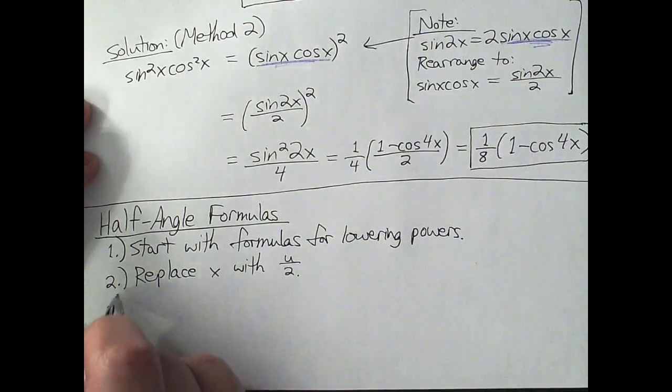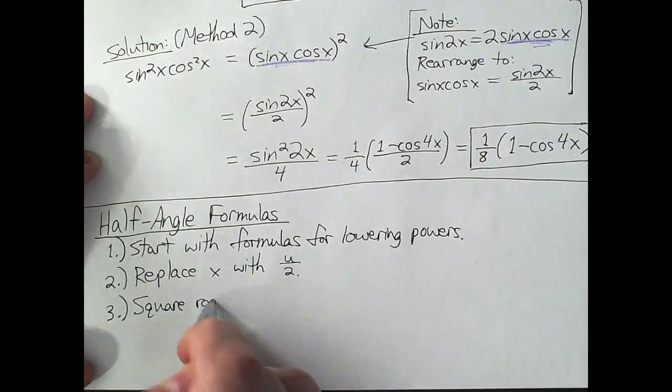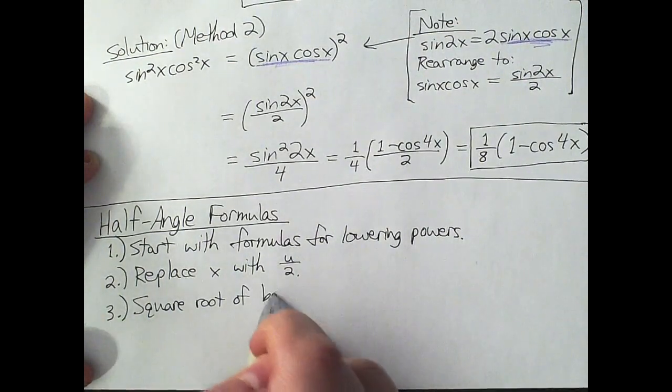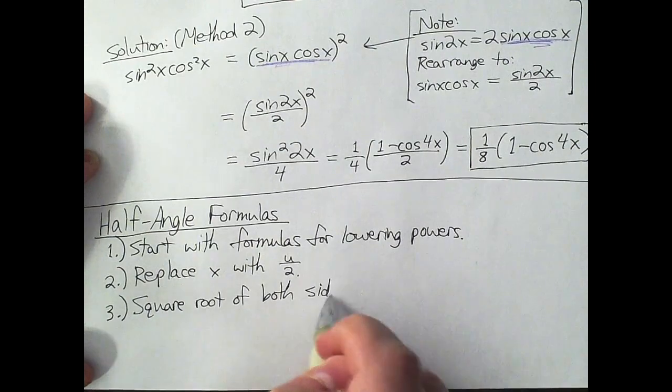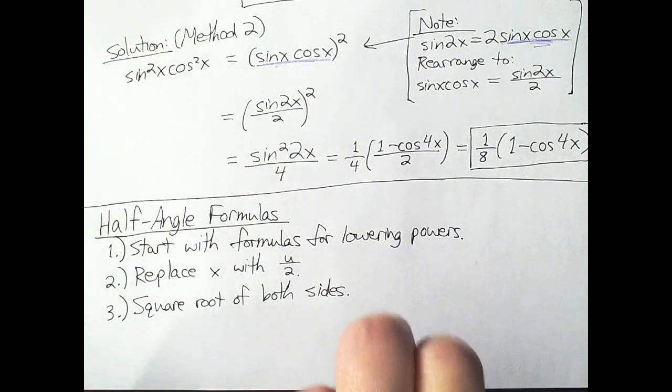And then step 3, we take the square root of both sides. So I'm explaining how we derive the half-angle formulas, starting from the formulas for reducing powers. And I guess there were 3 formulas for reducing powers, so there are going to be 3 half-angle formulas.